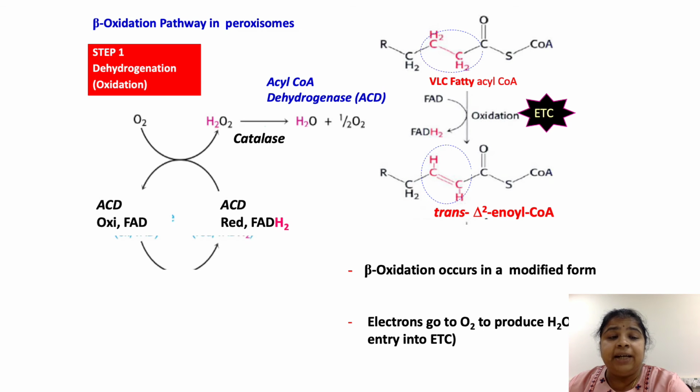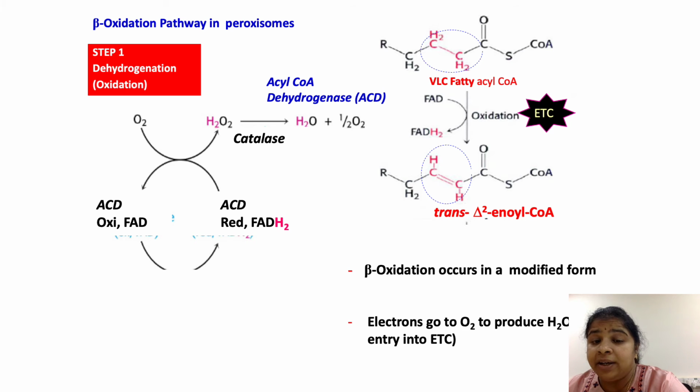Instead, the reduced FAD will reduce oxygen to hydrogen peroxide and FADH2 gets oxidized to FAD. So, there is regeneration of FAD. The hydrogen peroxide that is formed can be neutralized by catalase to form water and oxygen. So this is one difference between beta oxidation in mitochondria and peroxisomes.